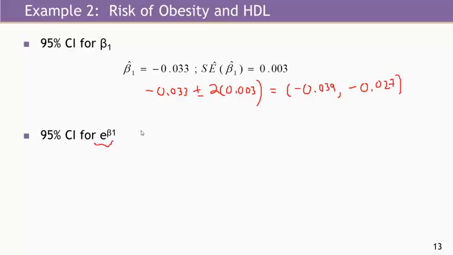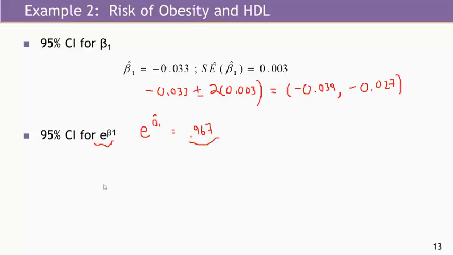And just to remind you, the estimated odds ratio was actually equal to 0.967. I rounded it in the previous set of lectures to 0.97, but because this confidence interval we'll see is very tight on the odds ratio scale, I'm going to represent it here to 3 decimal places.